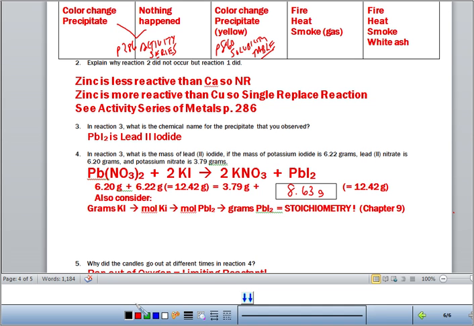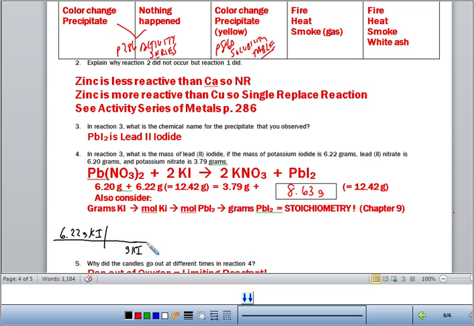But now let me show you the way we're going to use the stoichiometry, okay? Let's take the mass of this potassium iodide right here, 6.22 grams of potassium iodide, and convert that to moles. You know that we're going to take the unit that we're given, and that is going to be in the denominator.